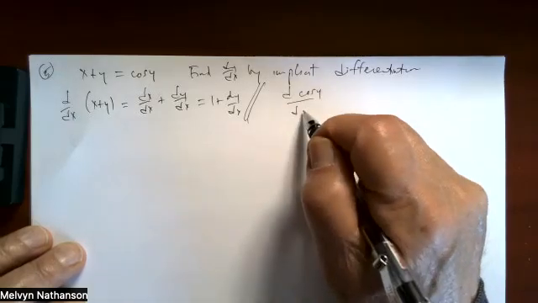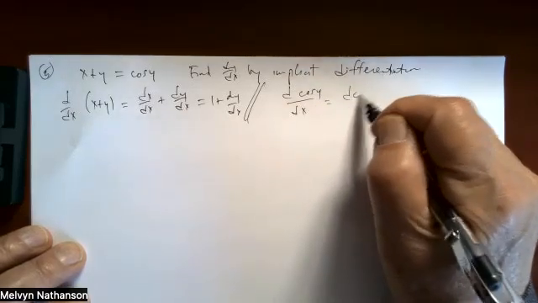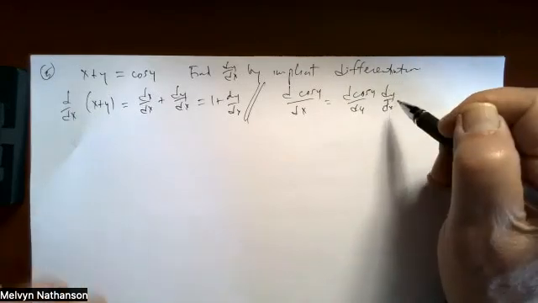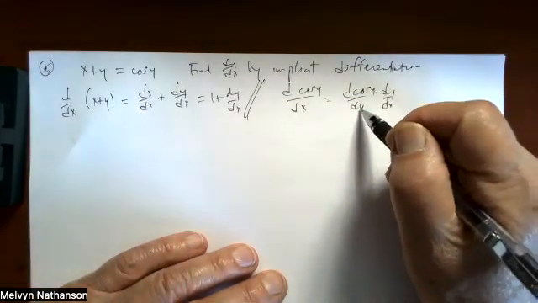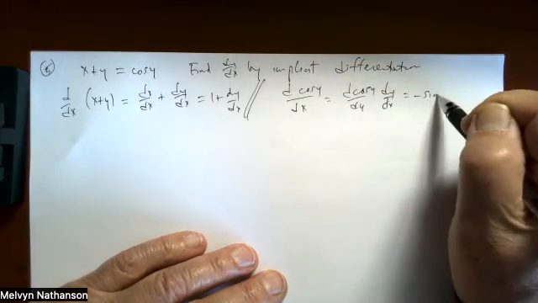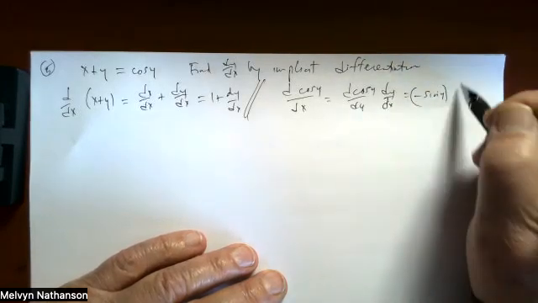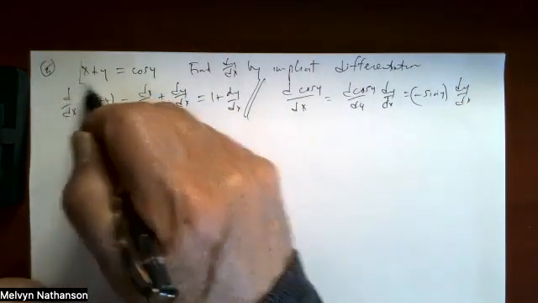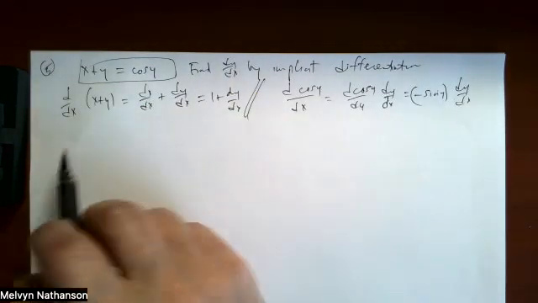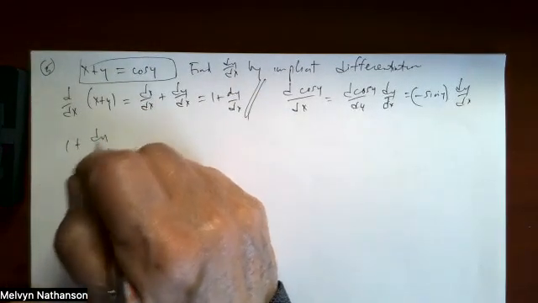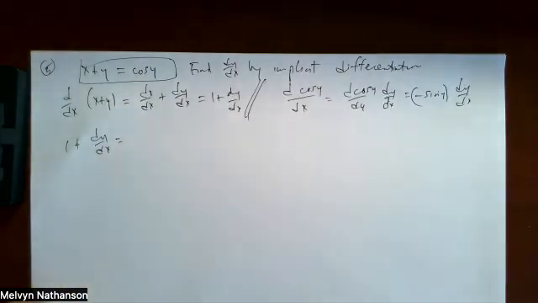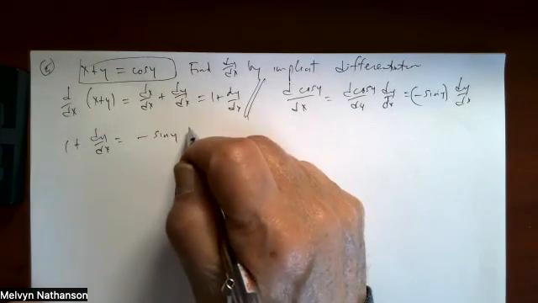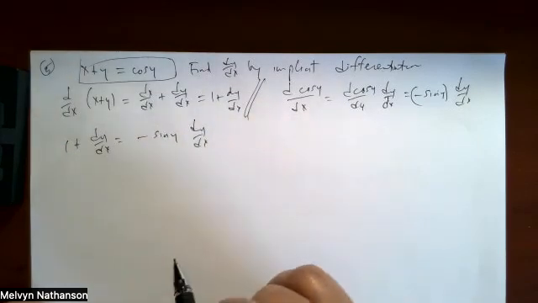If you differentiate cosine y with respect to x, that's the derivative of cosine y with respect to y, times dy dx. The derivative of cosine y with respect to y is minus sine y times dy dx. So when we differentiate this equation with respect to x, what we get on the left is 1 plus dy dx, and what we get on the right is minus sine y dy dx.